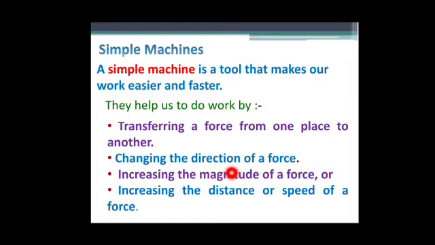Dear students, magnitude means the size or amount of something. So, with the help of simple machines, we can increase the magnitude of a force, and increase the distance or speed of a force.